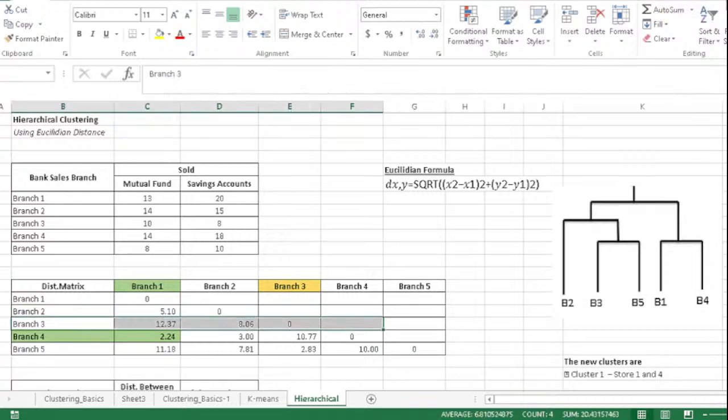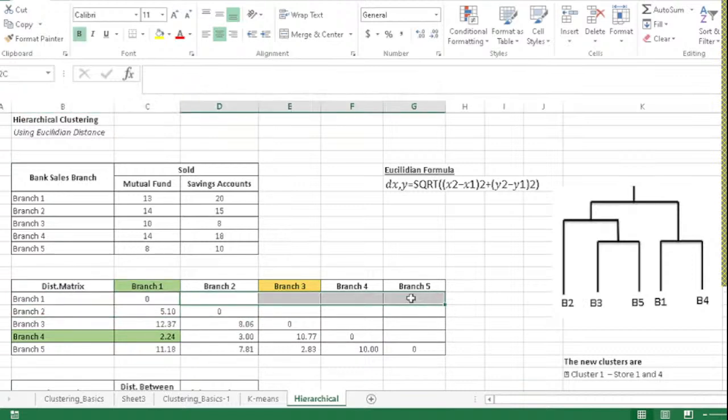Exactly, it is 0 because it shows the distance between branch 1 and branch 1, and this is 0 because branch 2 and branch 2. Then why have I left this blank? Because it is the mirror opposite of the data points below the diagonal. Is that clear? So I have left this as blank.